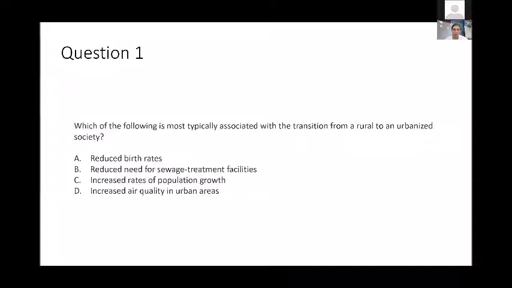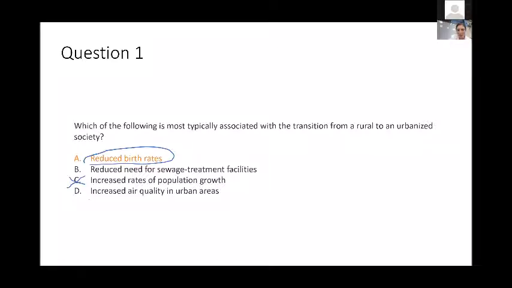So this was one of the things that I mentioned earlier that was a factor in declining birth rates and also declining death rates. So the answer here is reduced birth rates. Now let's take a look at the other ones. We knew it wasn't C because we know that once countries urbanize, once people move into urban centers, population growth tends to decrease.